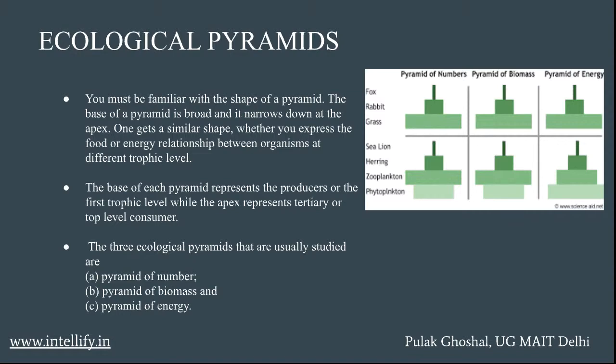This is always followed in the pyramid of energy, and it is not different for aquatic ecosystems, while it is different for the pyramid of number and pyramid of biomass.